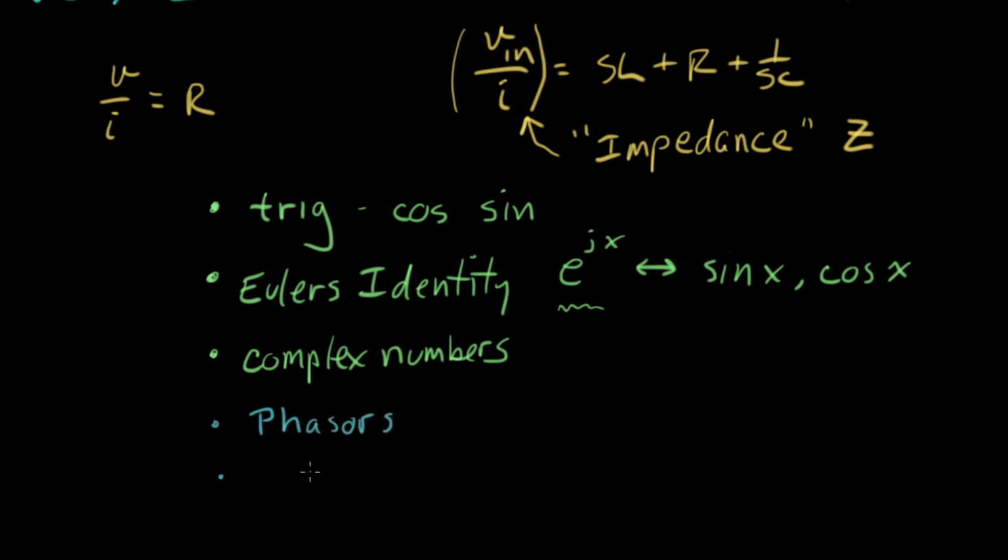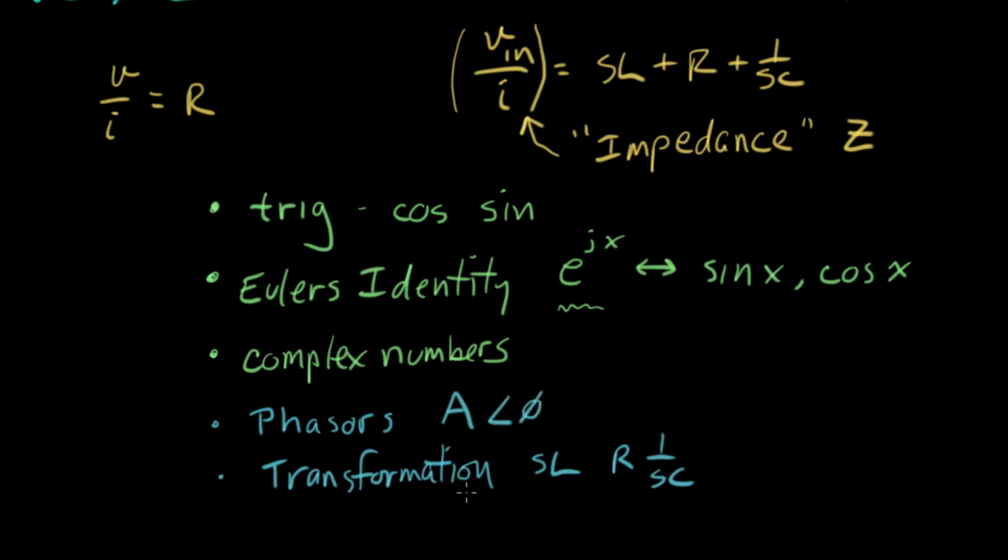Then we'll look at the transformation. So that's SL and R and 1 over SC. Phasors is the idea where we change a cosine into something at a phase angle.